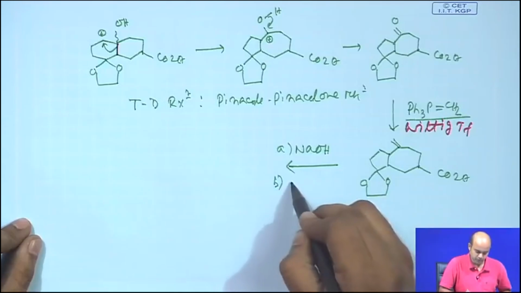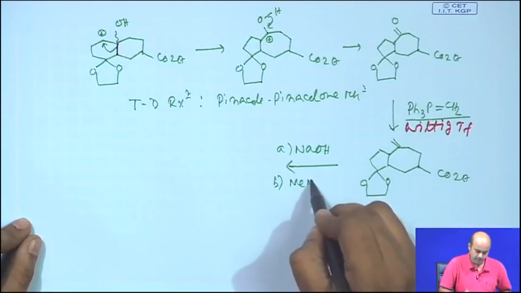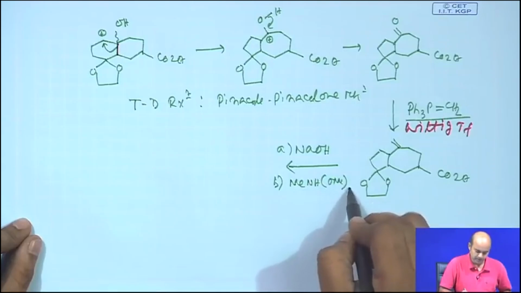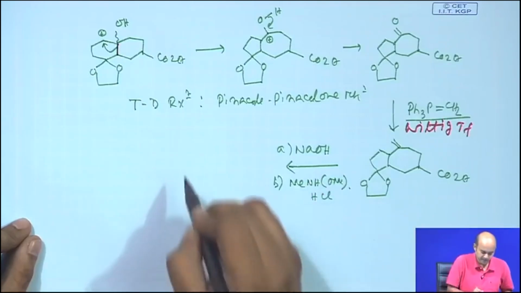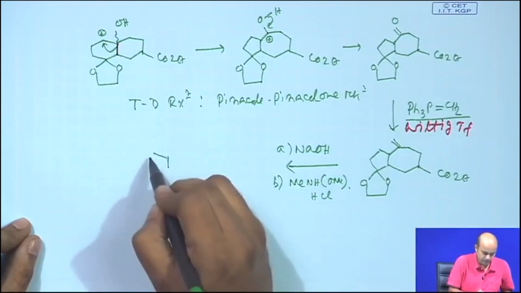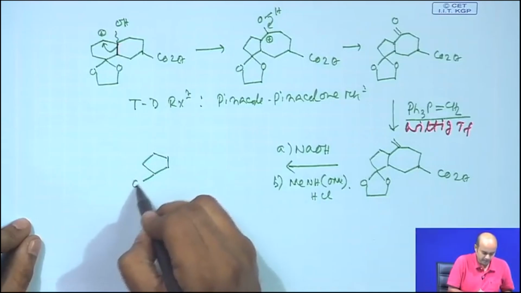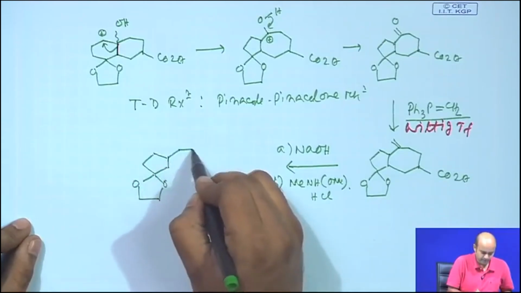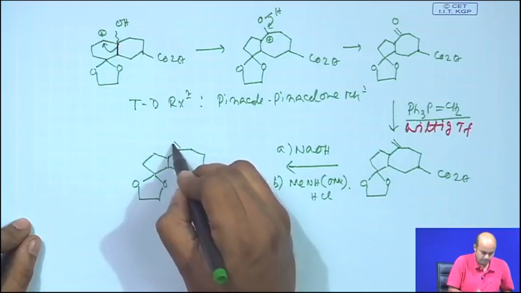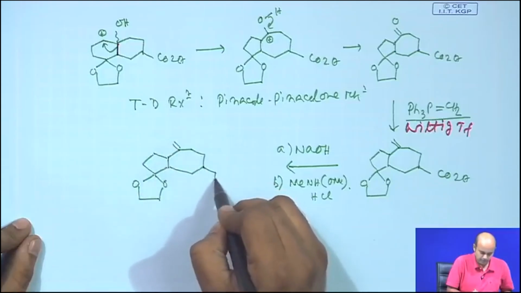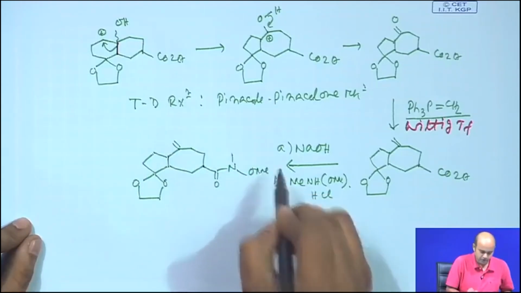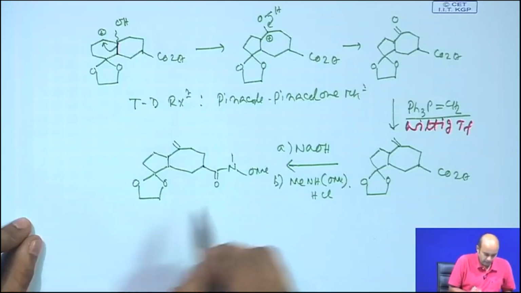Step 2, you react with Weinreb amine, MeNHOMe, available as HCl salt, and then you will basically convert it to the corresponding Weinreb amide. This will be CON(Me)OMe. This chemistry we have already discussed.